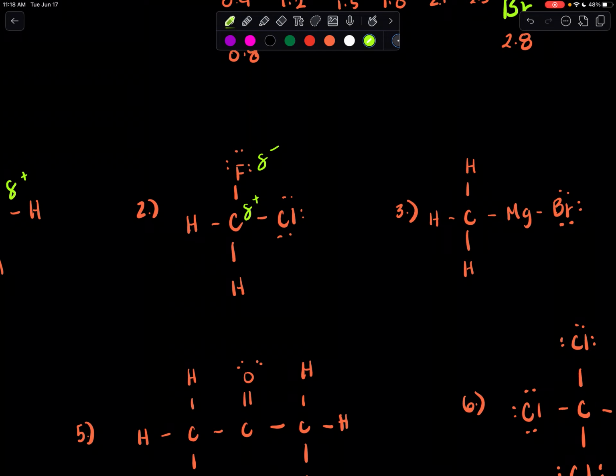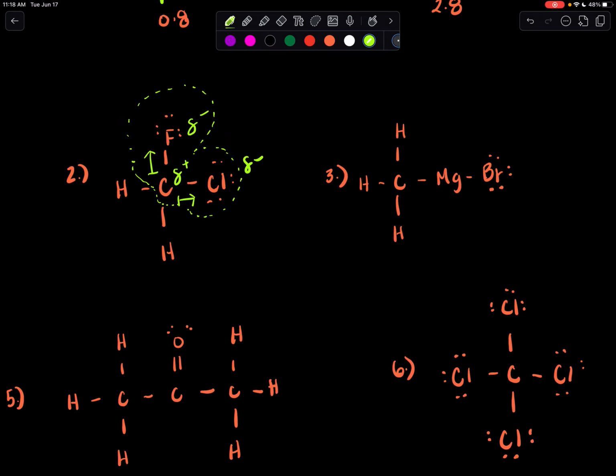But some of these electrons from the carbon are going to be pulled towards that chlorine as well. Sure, most of them are going to be hanging around with fluorine, right? Because it's more electronegative. However, they're going to be right here as well, and then very little on the carbon. That makes sense? And this is also going to have a negative charge.